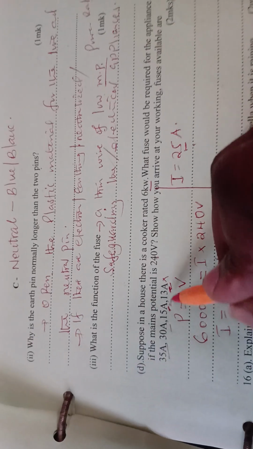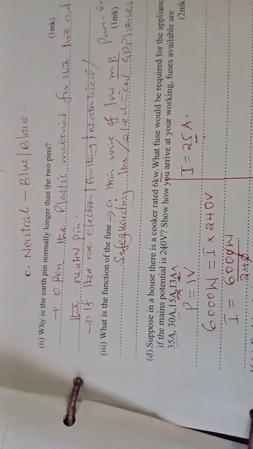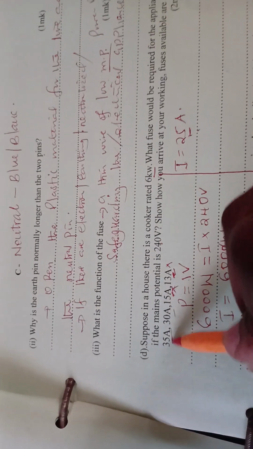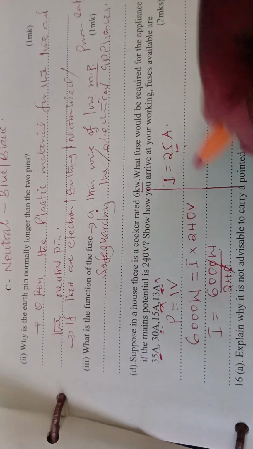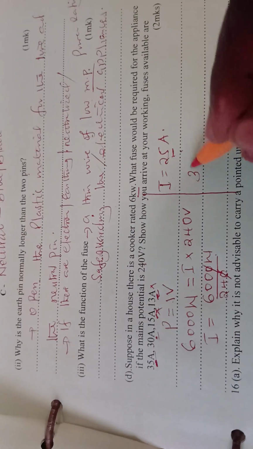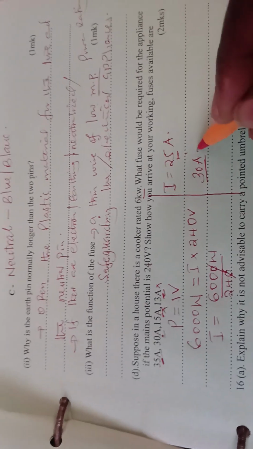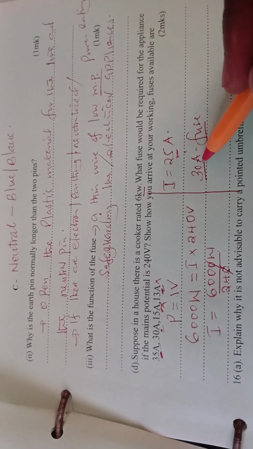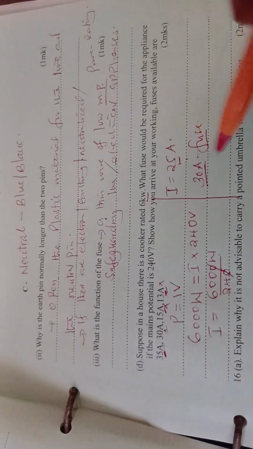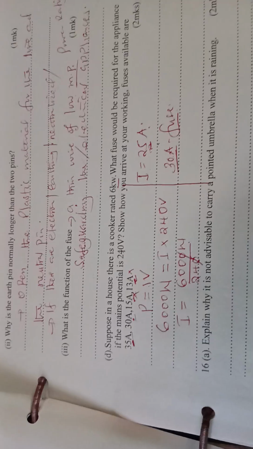Therefore, we eliminate 13 and 15. So we are remaining with 35 and 30 amperes. So the appropriate fuse for us to use is the 30 amperes fuse, because the 30 amperes fuse is slightly above the 25 amperes.